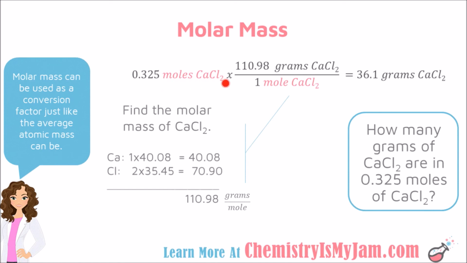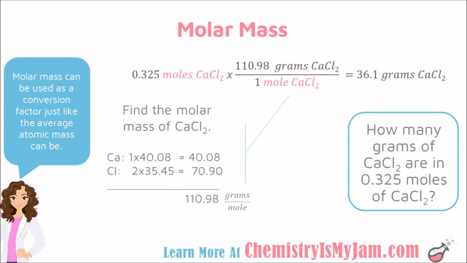So since I started with moles, I want moles to cancel out. I'm going to write this conversion factor so that moles is on the bottom and my 110.98 grams is on the top. At that point, everything is set up so that my units are going to cancel, moles cancels, and I end up with grams left over. My final answer is going to be in grams of calcium chloride.